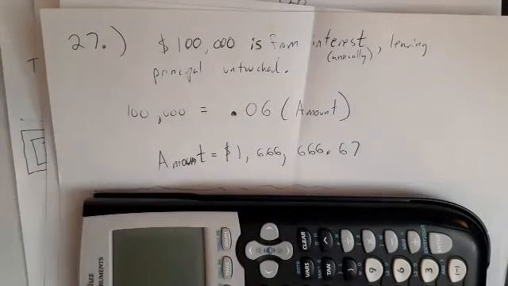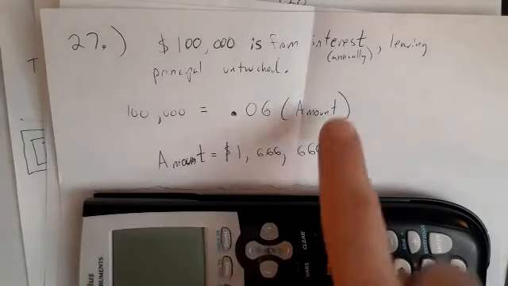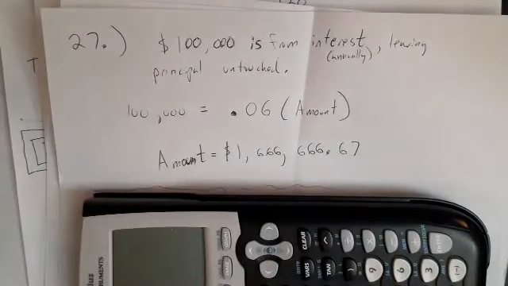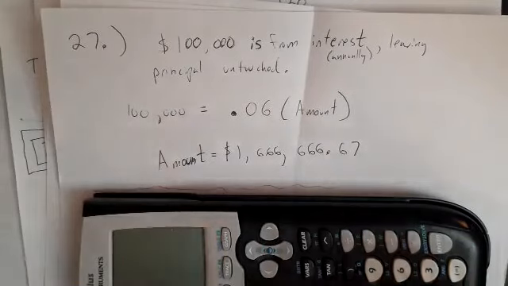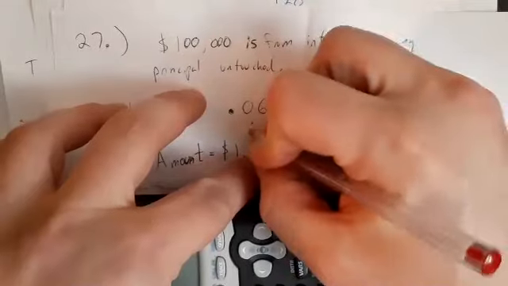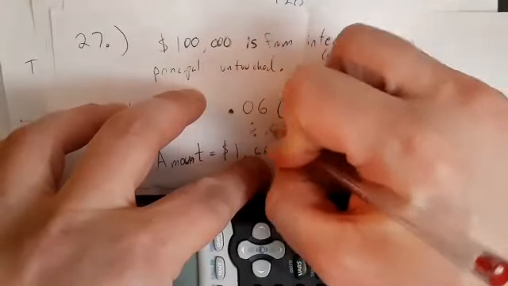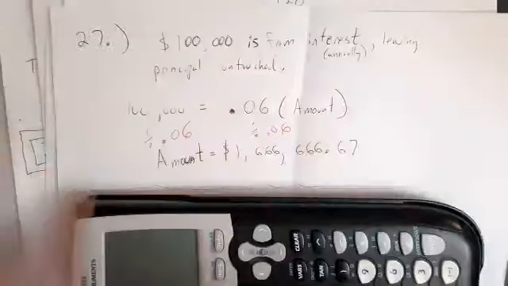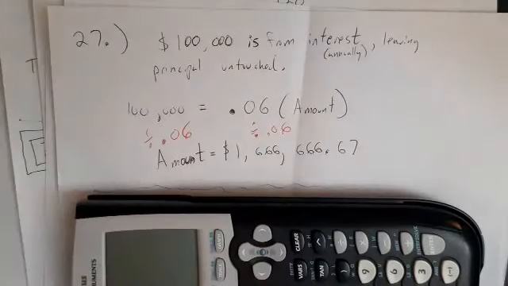If 6% of some amount is going to give us 100,000, then the way we figure out the amount is by dividing by this. You have to divide both sides by 0.06. That step is called the divide by 0.06 step. We divide 100,000 by 0.06.